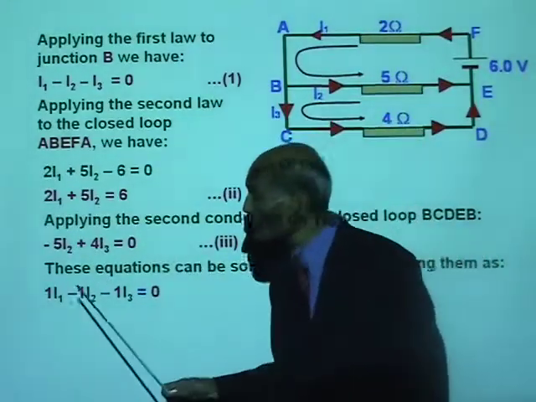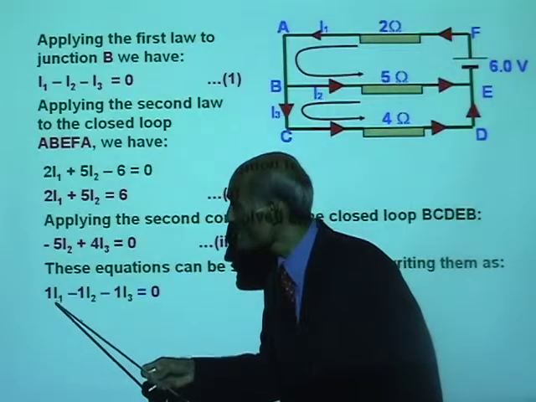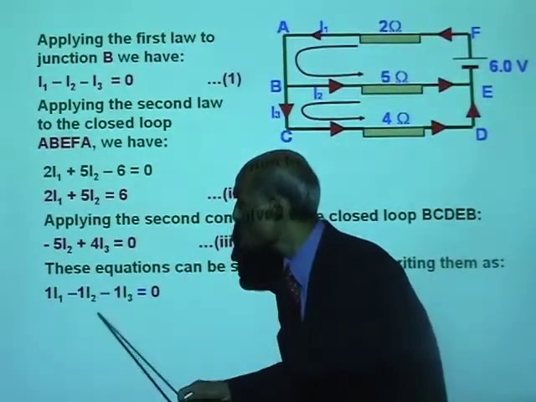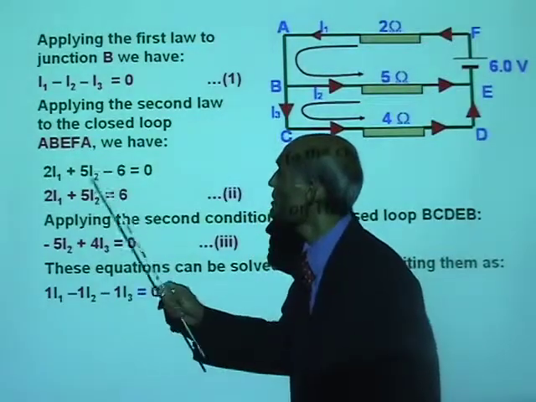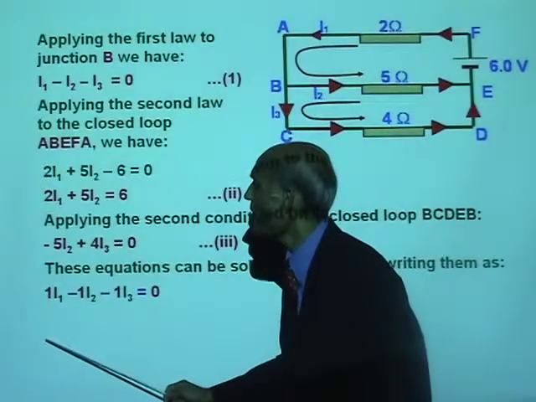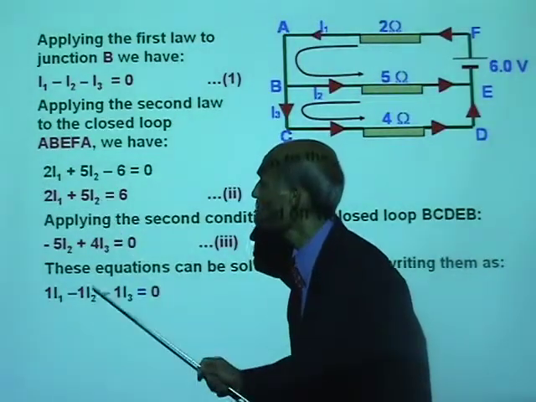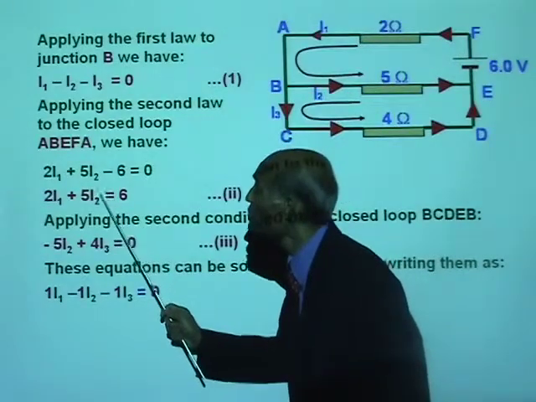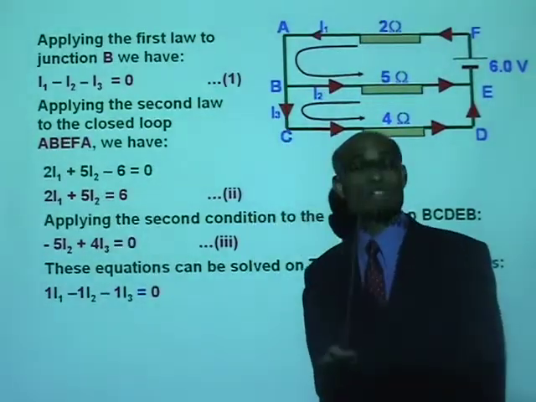When you write these equations, I want you to write each equation by aligning I1, I2 and I3. That means when you write the second equation, the term in I1 must be below I1, the term in I2 must be below I2, and there is no I3 in the second equation.